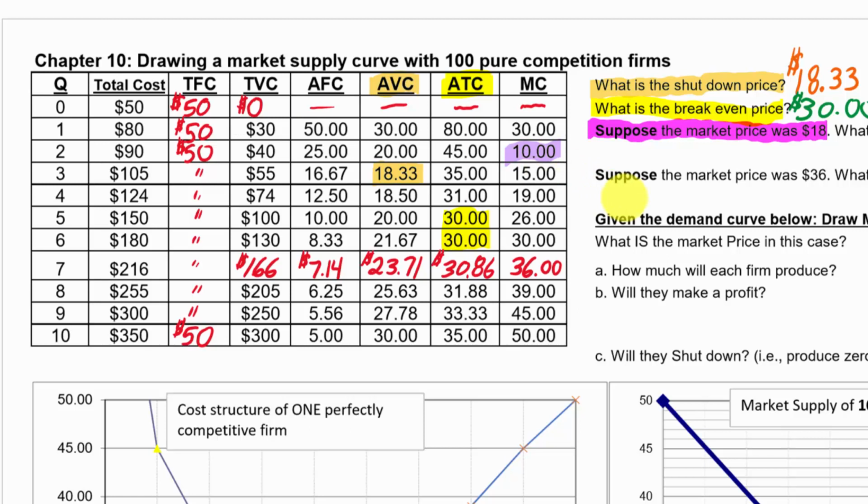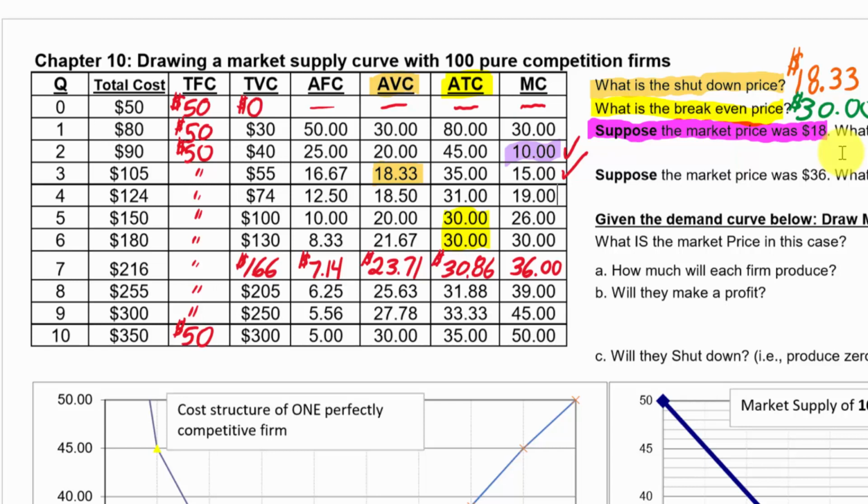You'd say, sure, that sounds like a good idea because it costs me 10 to make and I can sell it for 18. Let's do that. What about the third unit? Well, it's going to cost you $15 to make, and you can sell it for 18. Sounds like a good idea. What about the fourth unit? It's going to cost you 19, and you'd sell it for 18. Well, no, that doesn't sound like a good idea. So if we were going to produce, we should produce 3 units, and we should stop there.